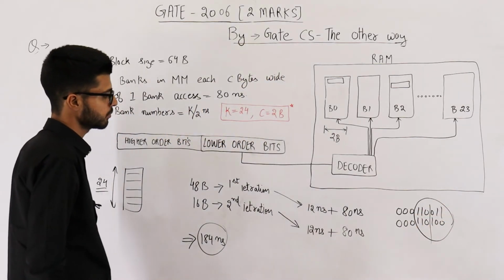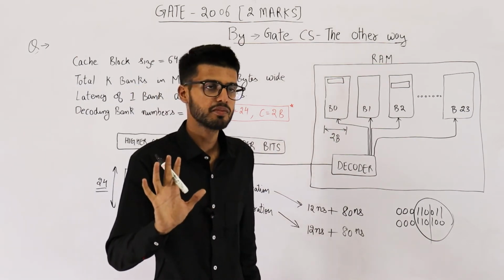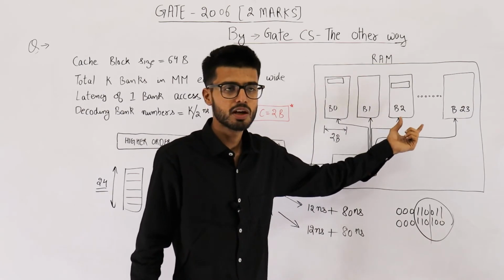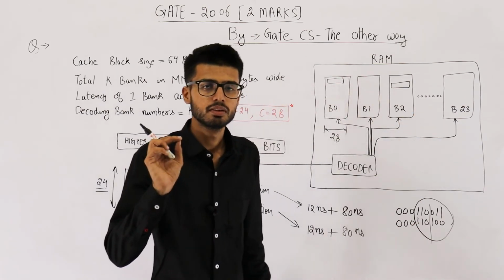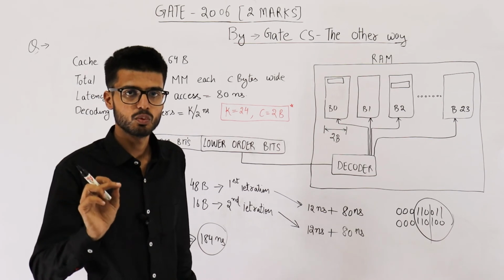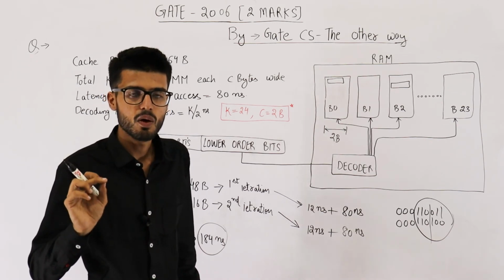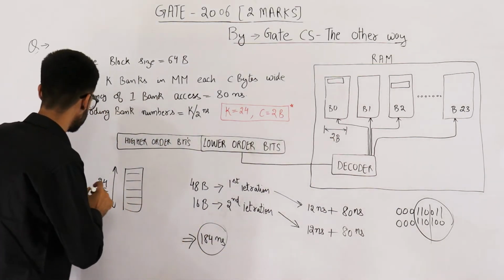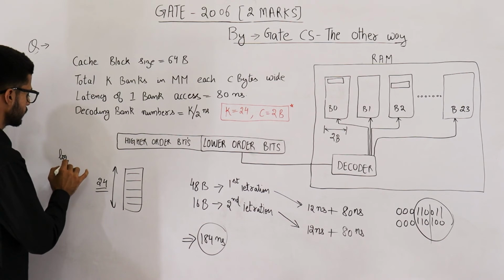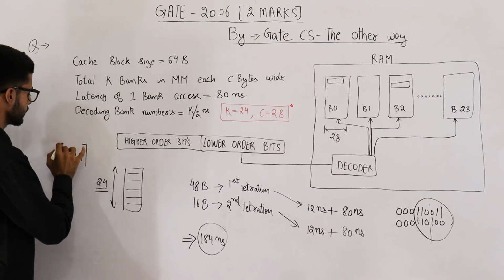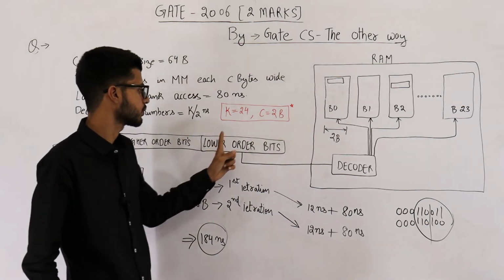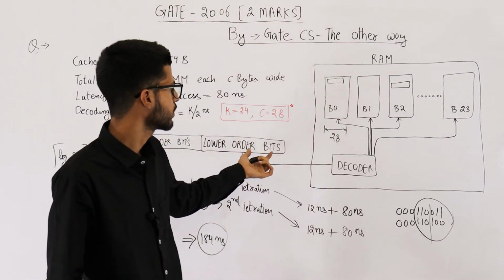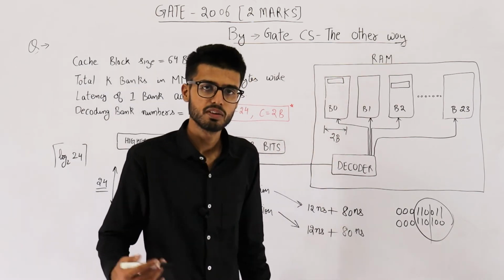So here, those n bits will be 5. 5 bits will give you the bank number, because you have a total of 24 banks, and to address one among 24 you will require log to the base 2 of 24, ceiling. This comes out to be 5. So 5 bits will be required in the bank number, or the lower order bits that are given to the decoder will be 5. Okay.